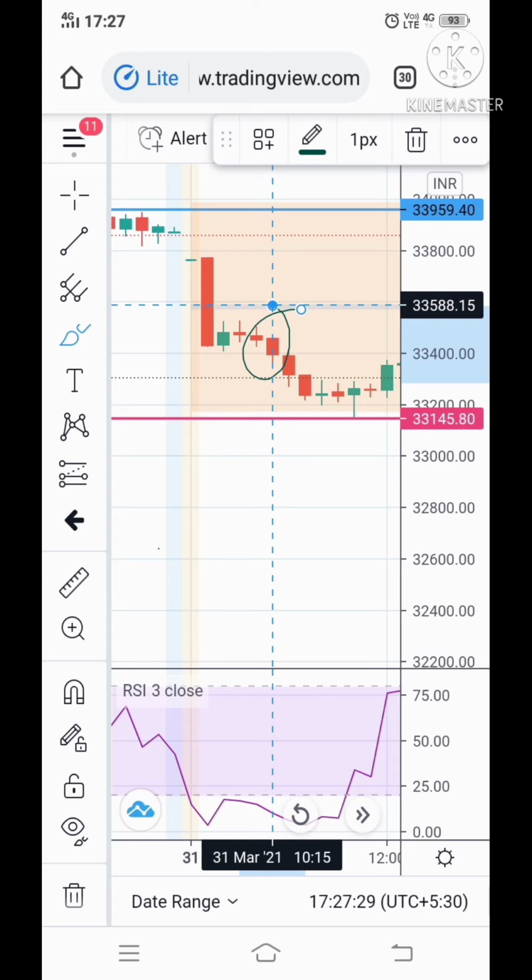So friends, can we take a trade here? Of course, yes. And the stop loss will be the high of the previous candle. So this is how I take my trades. This is a quick synopsis of how I perform in the market and what I look for. But use your diligence.